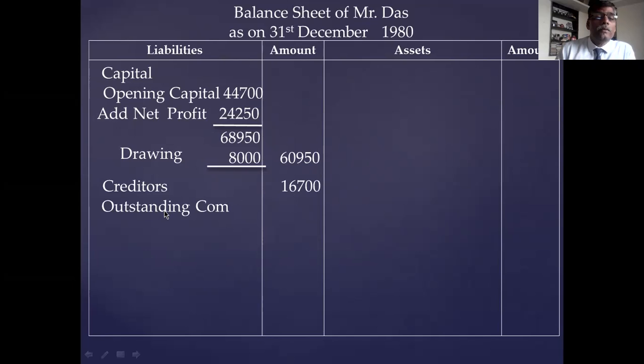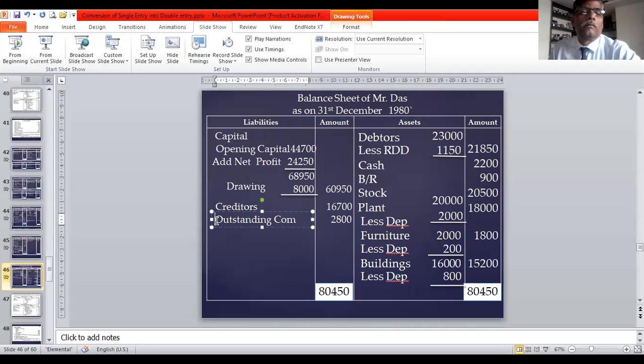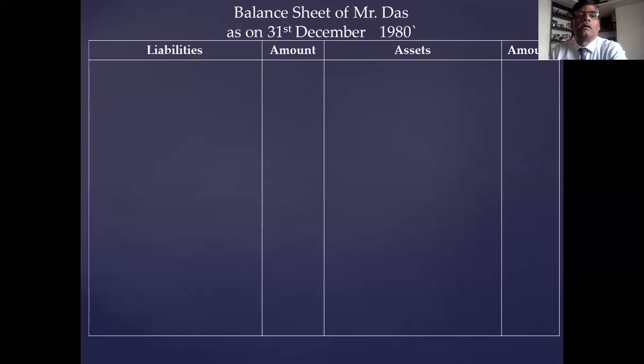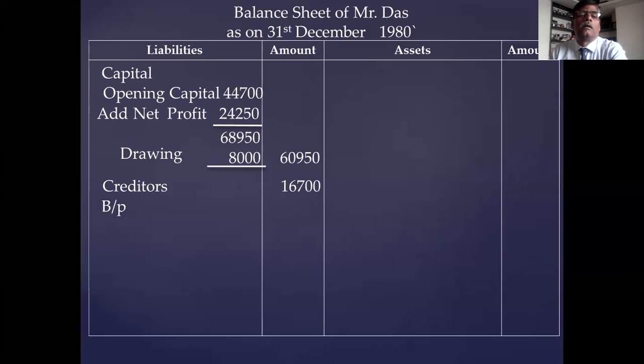Then next is bills payable. Bills payable account balance is 2,800.